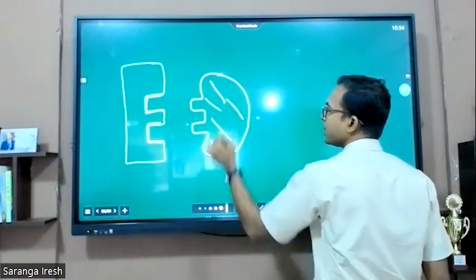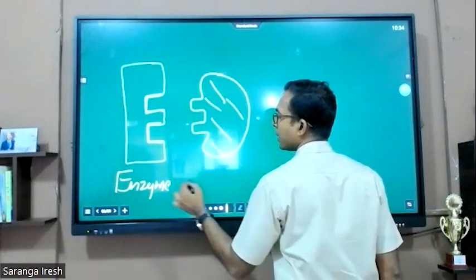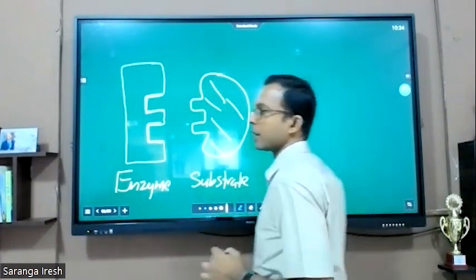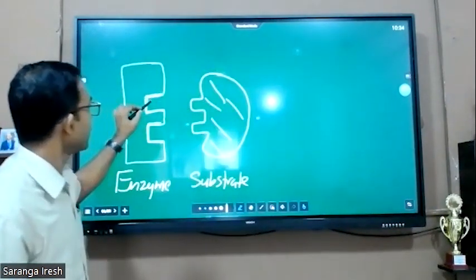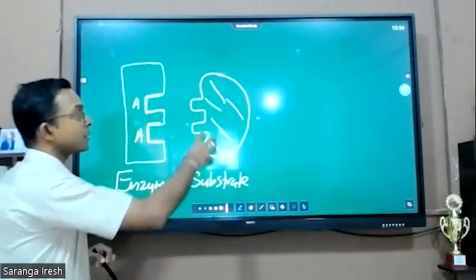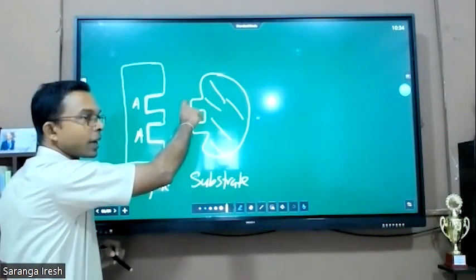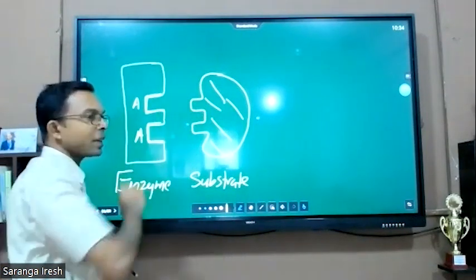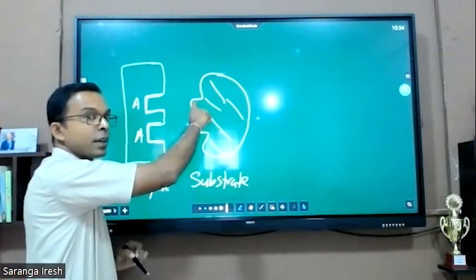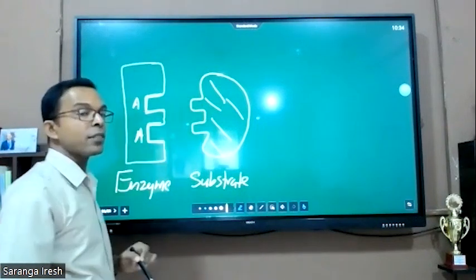So these are substrate molecules, and these are the enzyme molecule. The substrate molecules have specific places which can bind to the active site of the enzyme.